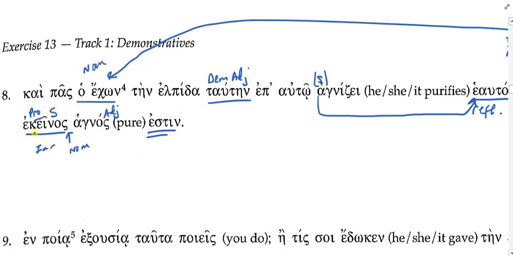Now, who does this refer to? Does it refer to the ha echon over here? Everyone who has this hope in himself purifies himself just as ekeinos is pure. Is ekeinos referring to the one who has the hope? Yes, I think it's who the hope is in.